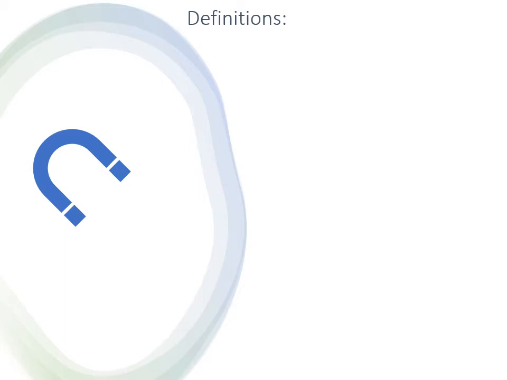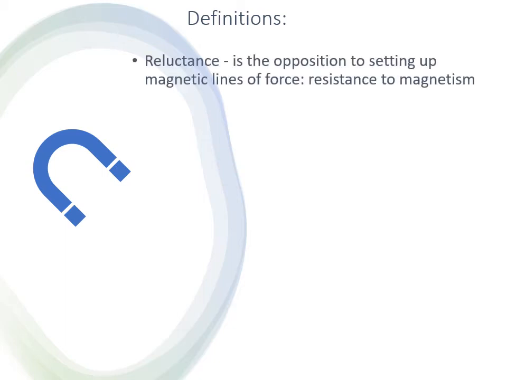We need a few definitions before we can carry on. The first one is reluctance. You can think of reluctance as sort of being resistance to magnetic circuits, where reluctance is the opposition to setting up magnetic lines of force, or flux.